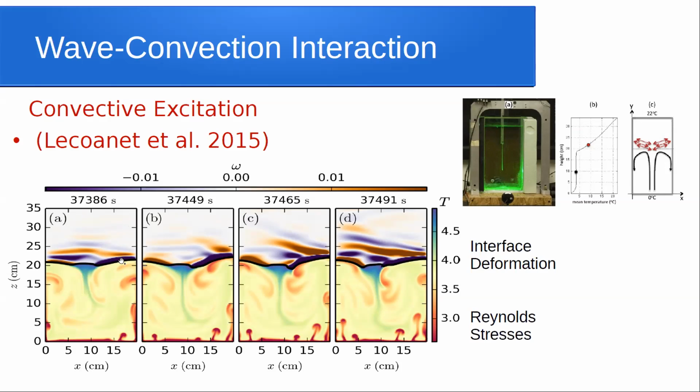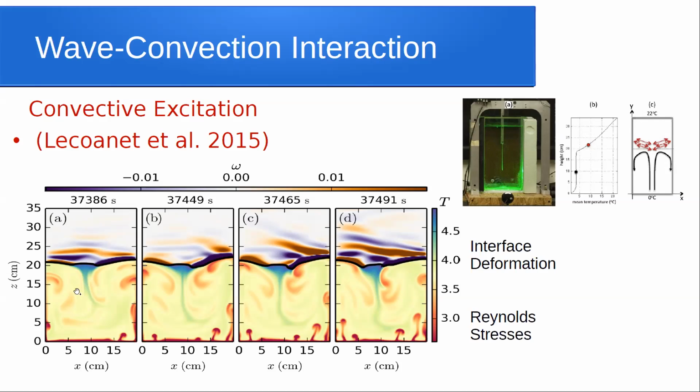And what we're going to look at are two possibilities for wave excitation. Our analysis doesn't tell you which is more important, but it tells you how they scale with Rossby number and various other parameters. But what Daniel found was that interface deformation is not as important as Reynolds stress driving.